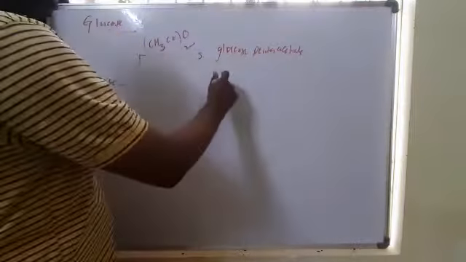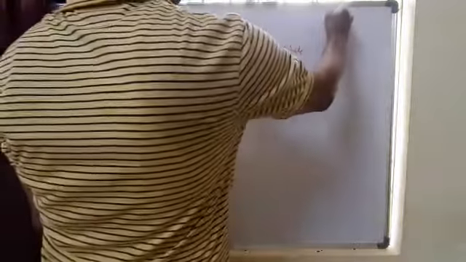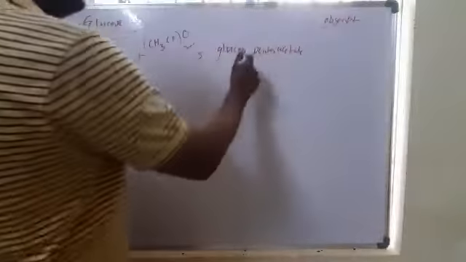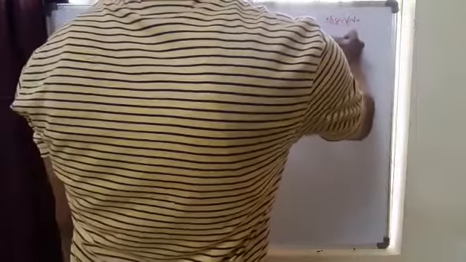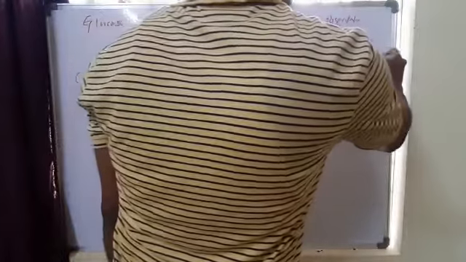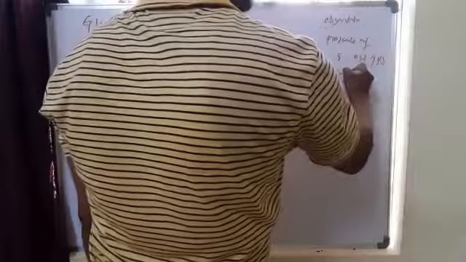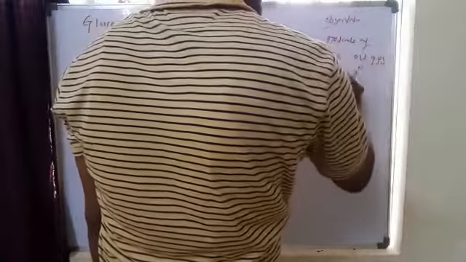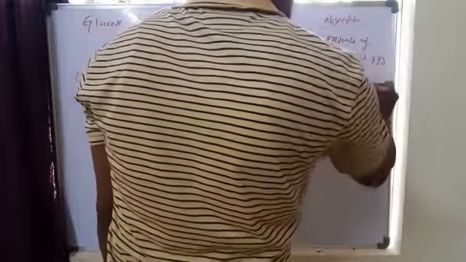Based on this observation, by formation of the pentaacetate, we can say that glucose has 5 OH groups. Four are secondary and one is primary OH group.